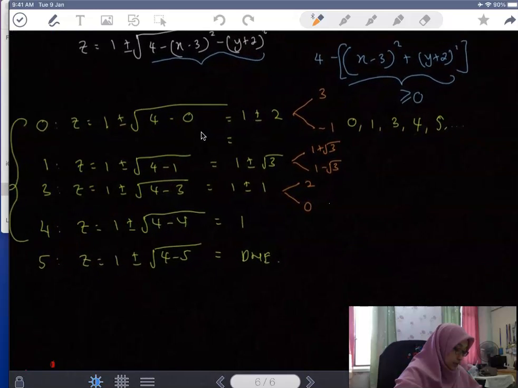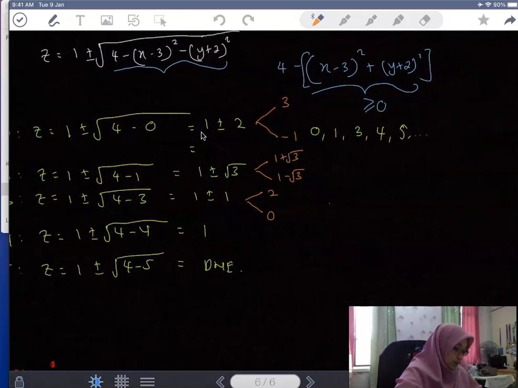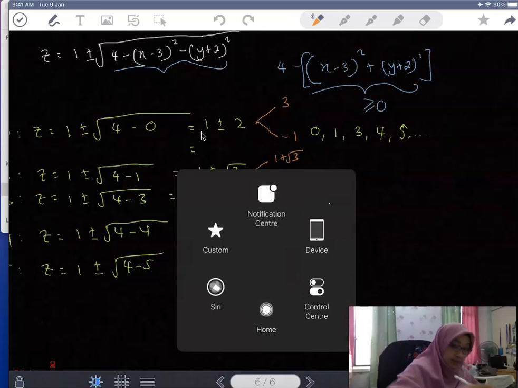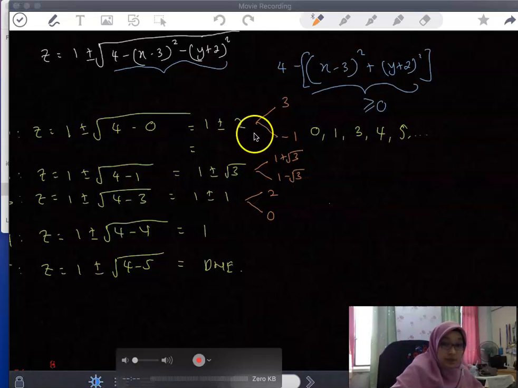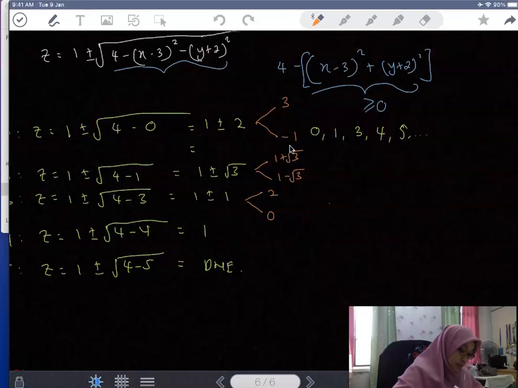Okay, so now what is the smallest value that we can have? Based on this value, you have to sort into a number line.